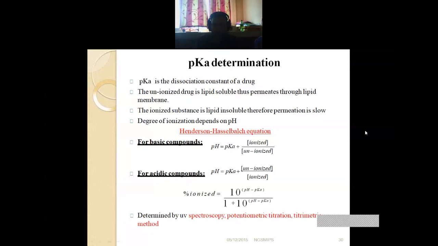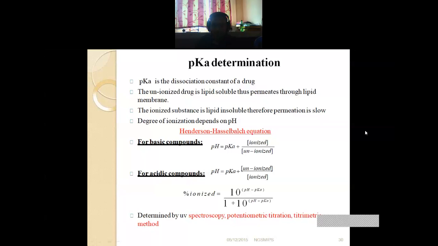So, from the Henderson-Hasselbalch equation, pH is equal to pKa plus log of unionized divided by ionized. Okay, so this is the equation for basic compounds.